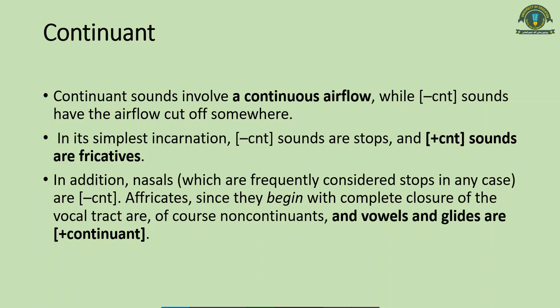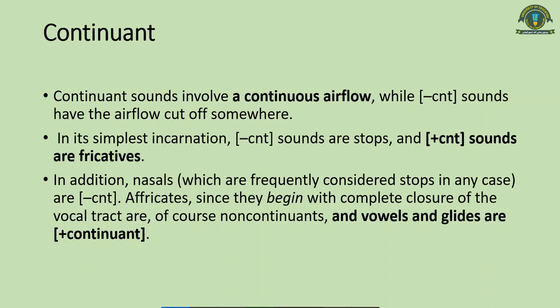So affricates, since they begin with complete closure of the vocal tract, are of course non-continuants. In affricates we actually have 2 phases. The first phase is when there is a closure, when there is a stop. This is why affricates cannot be categorized under the heading of continuant.